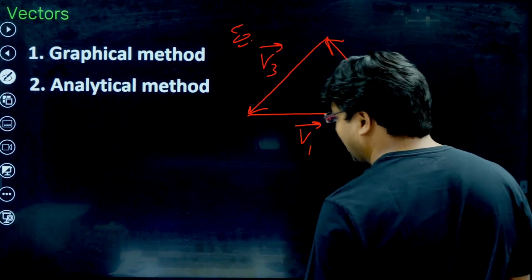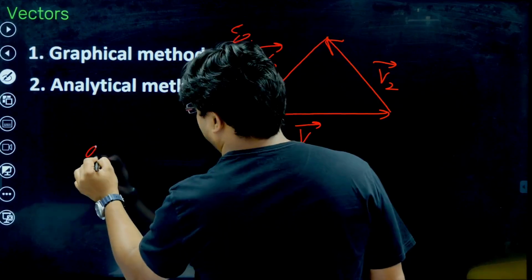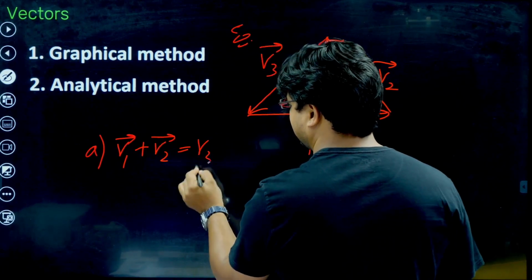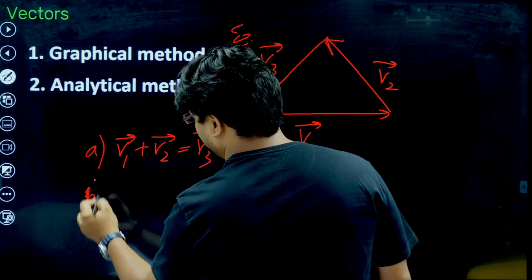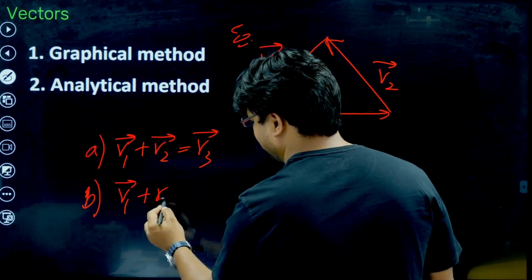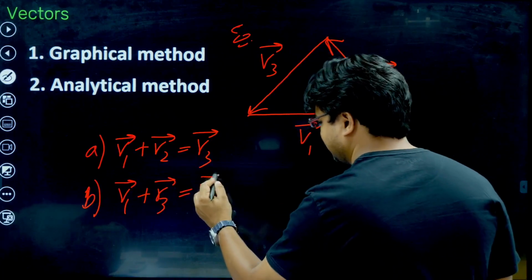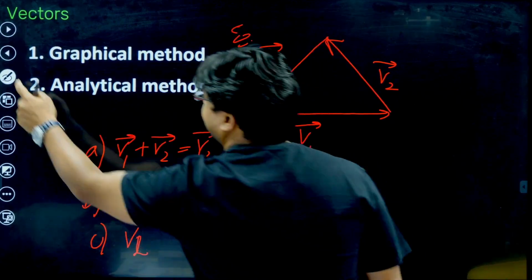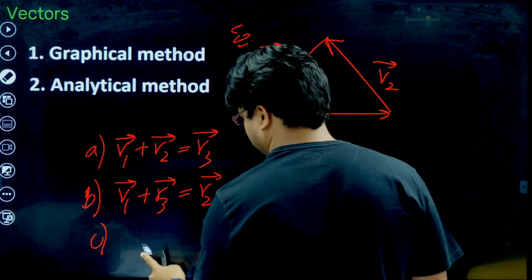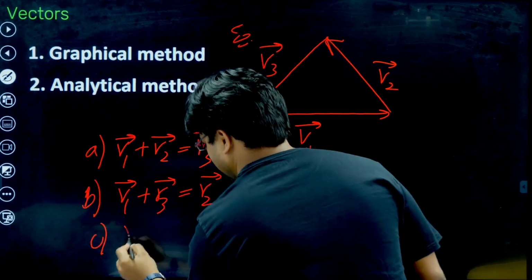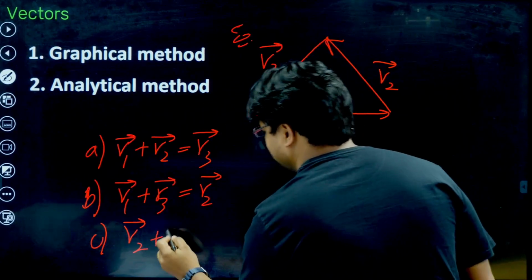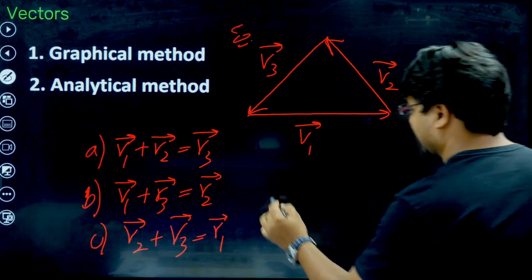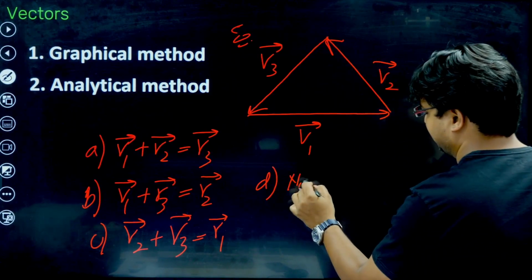If I now again give you options: one option is that v1 vector plus v2 vector is equal to v3 vector, or that v1 vector plus v3 vector is equal to v2 vector, or that v2 vector plus v3 vector is equal to v1 vector, or none of these.